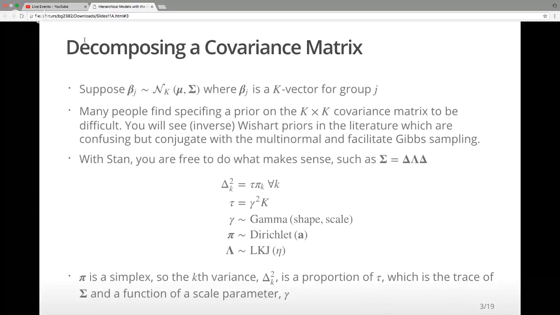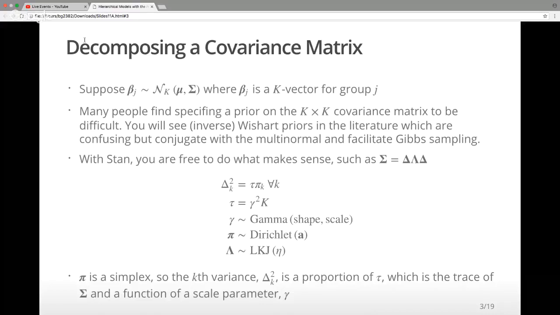typically with Stan, you're going to want to decompose the variance covariance matrix sigma into a diagonal matrix of standard deviations delta, and a correlation matrix lambda. Both the correlation matrix and the diagonal matrix of standard deviations are easier to reason about, easier to come up with good priors for, than for a covariance matrix like sigma as a whole.